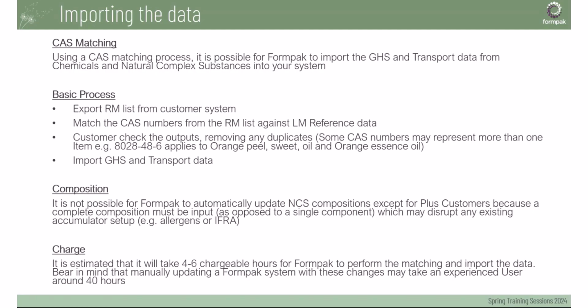You just need to bear in mind that doing the manual updates on a Formpak system with the changes in the labeling manual may take an experienced user around 40 hours. I've done this many times in the past for the fragrance houses for which I've worked, and it takes about a week of solid work to get this manually updated.